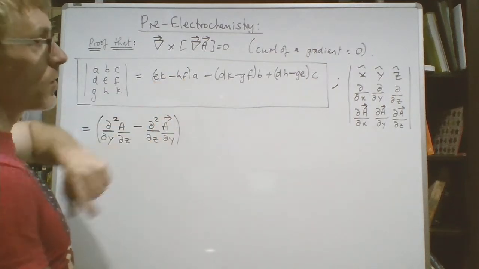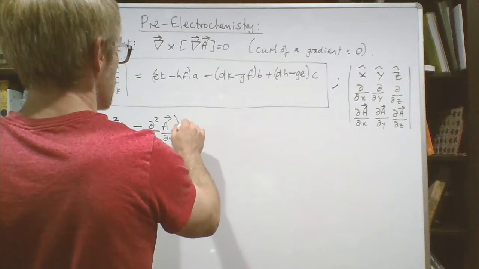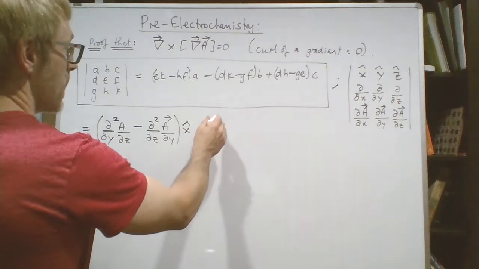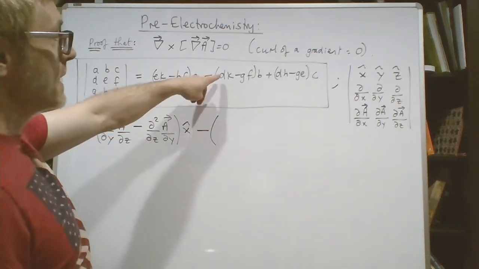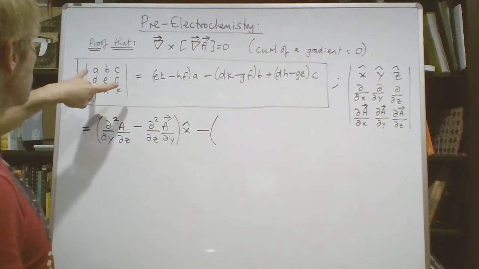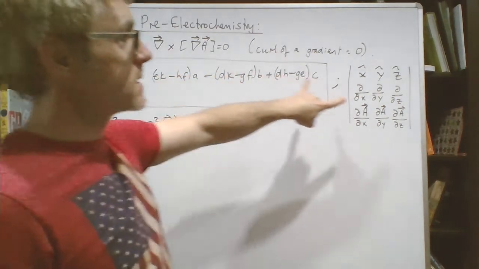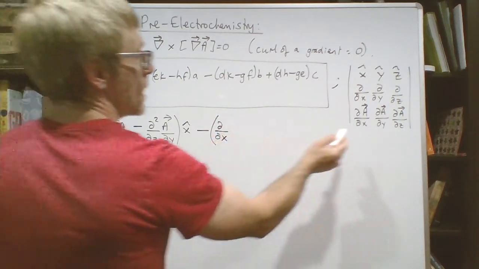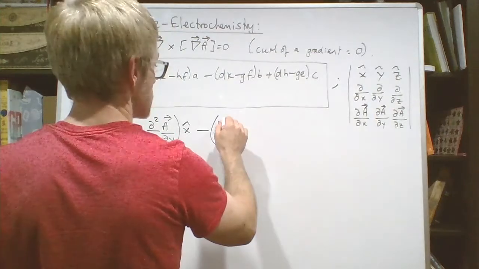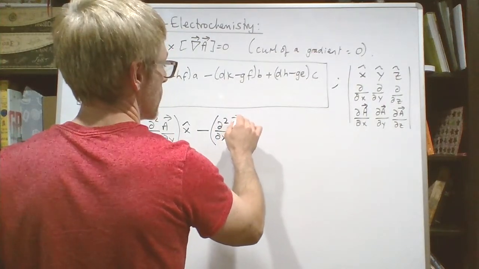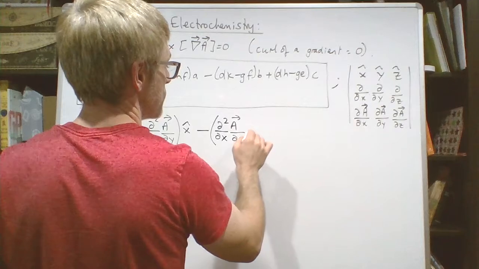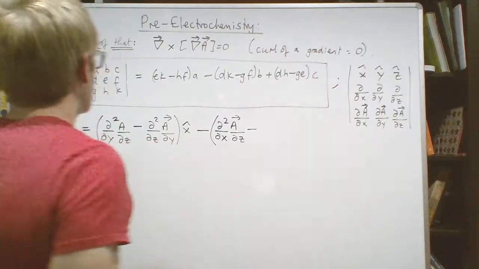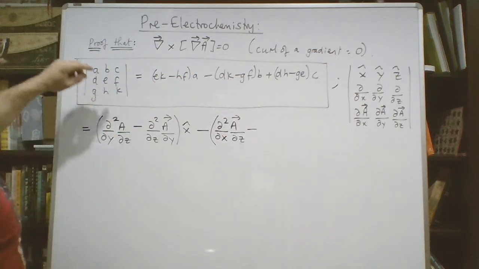And then I multiply that whole thing by a, which in this case is our x roof, the unit vector in x, minus our second term, DK, which is this one, which means it's d by dx, multiplied by d by dz A, so that's d squared A dz, minus GF.